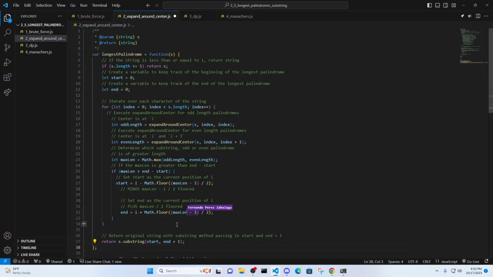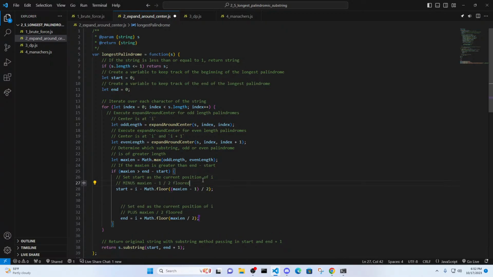I plus max dot length. Yeah, I didn't subtract one from this one. That didn't work for me. In some way, it's similar to some part of the Manacher's algorithm.